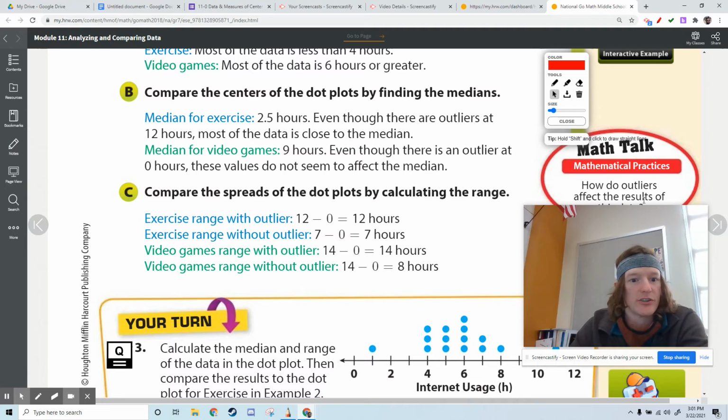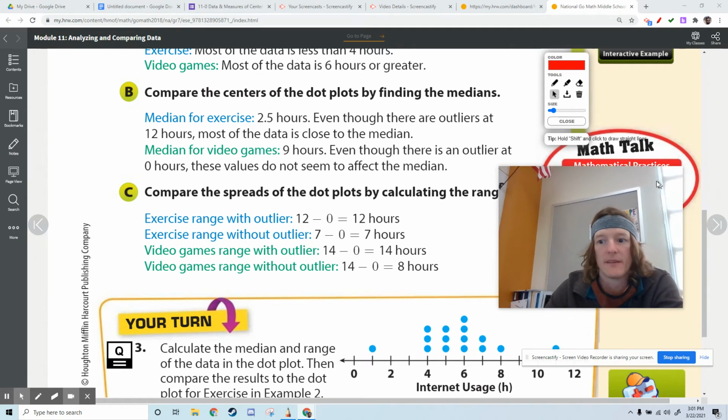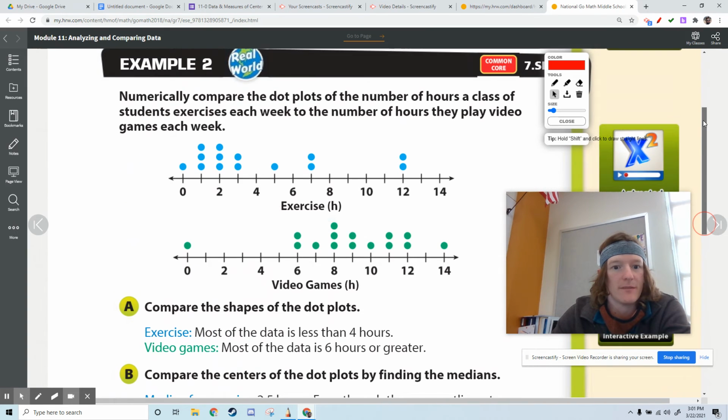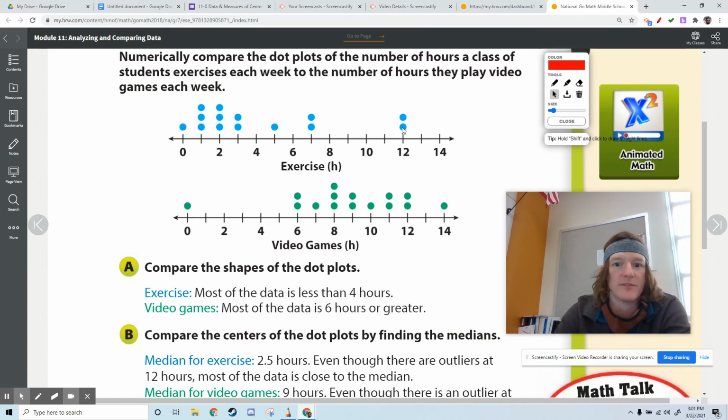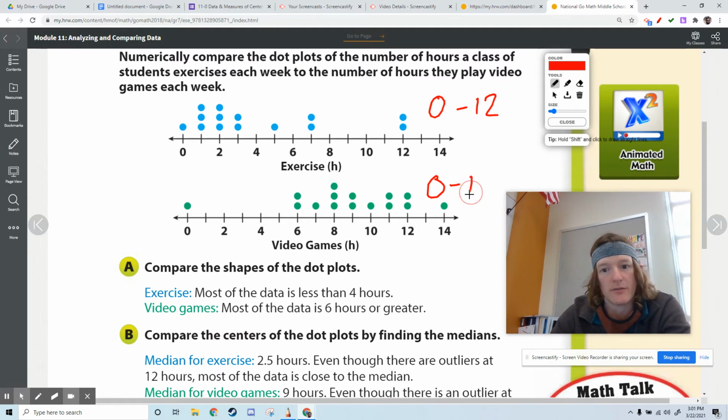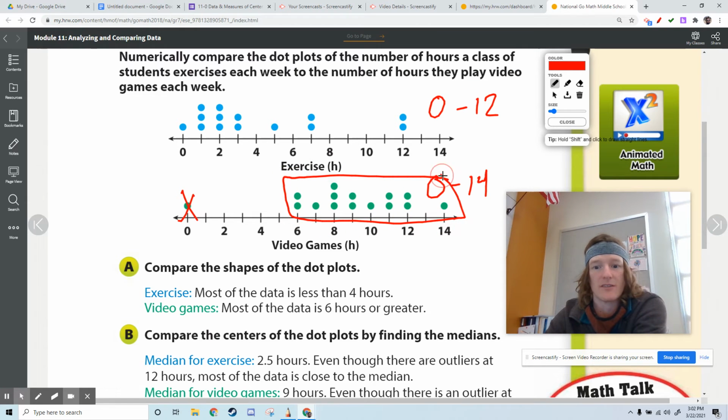And then for the range, we're spread out from 0 to 12. We're spread out from 0 to 14. But this is kind of misleading because there's only one student who is 0 hours. Most of these kids are from 6 to 14 instead of 0 to 14.